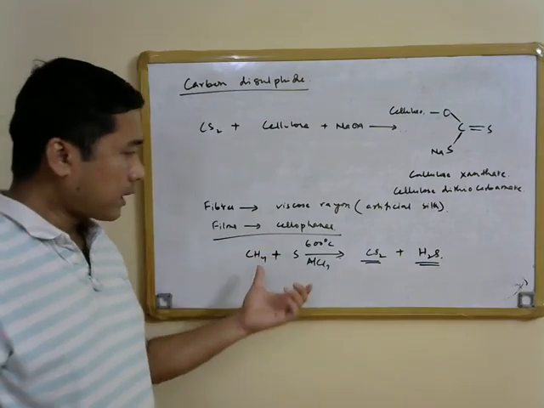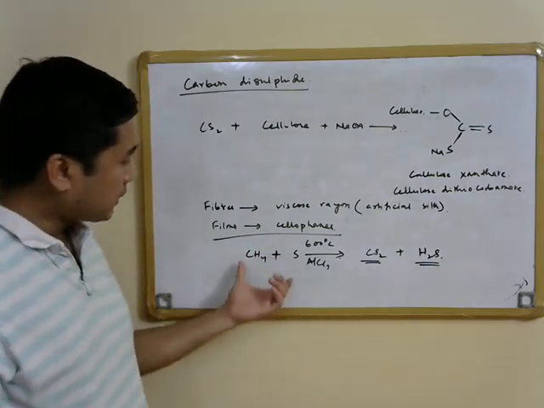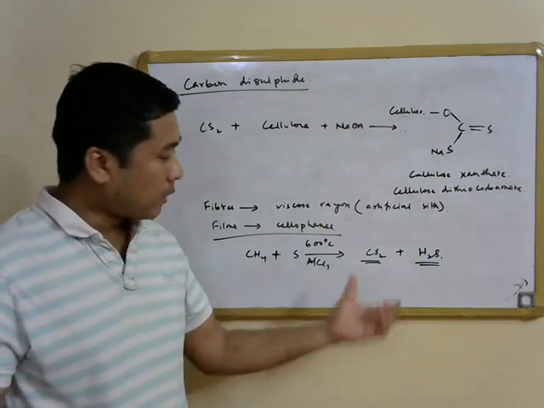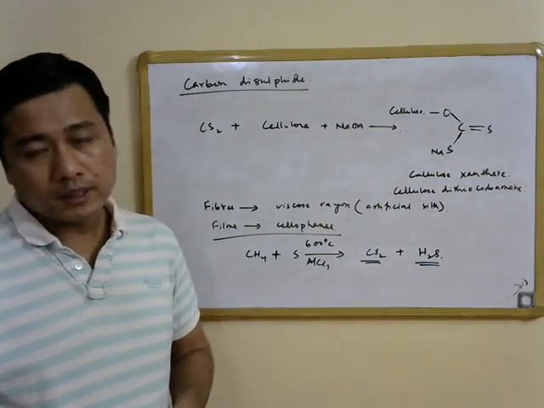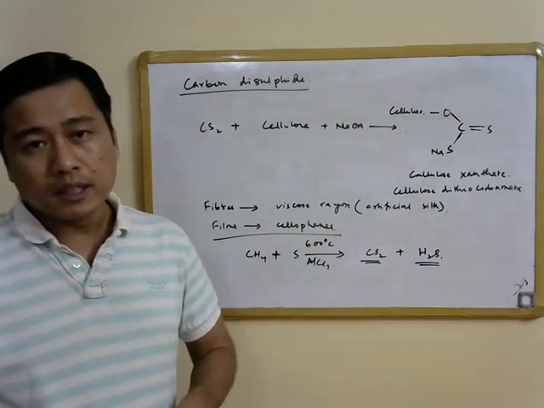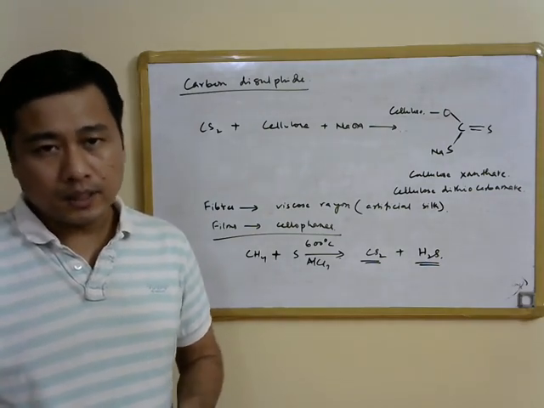Then we have also looked at how one can prepare carbon disulphide, by reaction of methane with sulfur at high temperature using a catalyst. And we also discussed the structure of carbon disulphide, that it is a linear molecule like the carbon dioxide molecule.